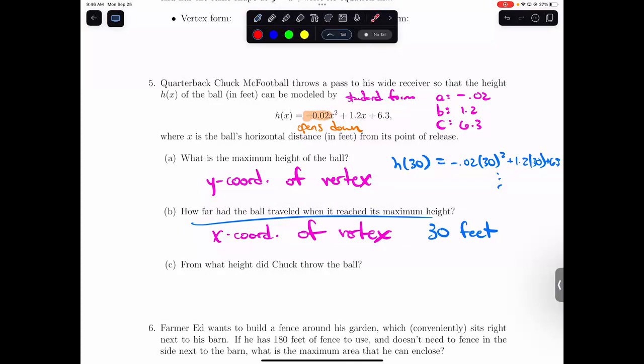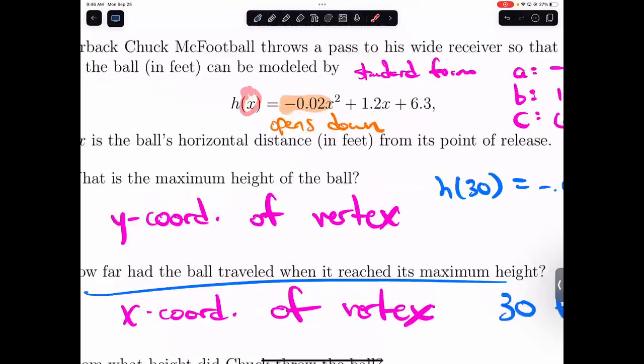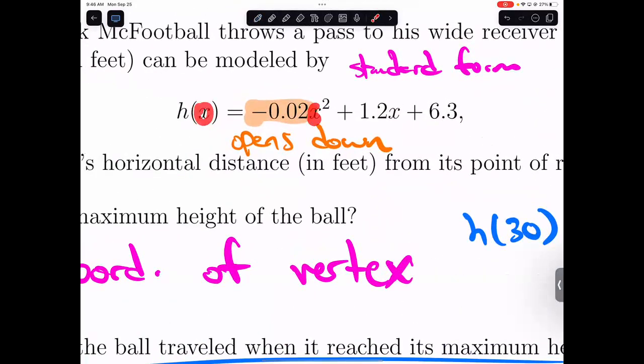Yeah, if you plug in 0, these terms drop out, and I just get 6.3. So that's another pro for the standard form: I can read off the y-intercept. I can't read off the y-intercept in the vertex form. Why would the y-intercept be the height that he threw the ball from here?